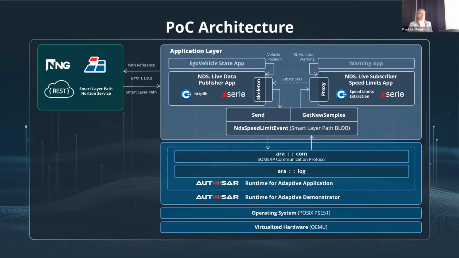This decision was made because it saves some computational resources, and subscribers can just parse the header and check if there is the data, the layers, needed for them. So in a nutshell, we have the smart layer service. The publisher application makes a call, gets the data, and pushes it into the communication channels over some IP protocol, and the subscribers receive the data and deserialize it to get speed limits in our case.